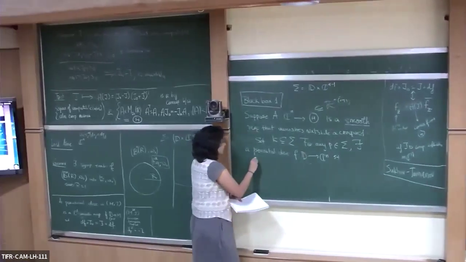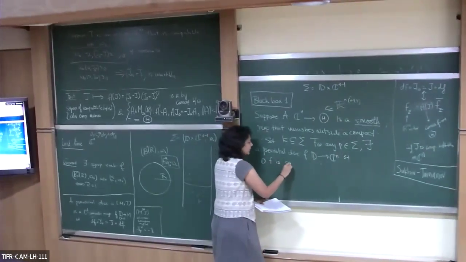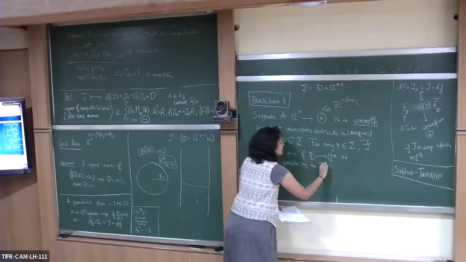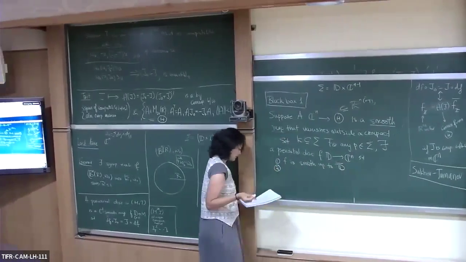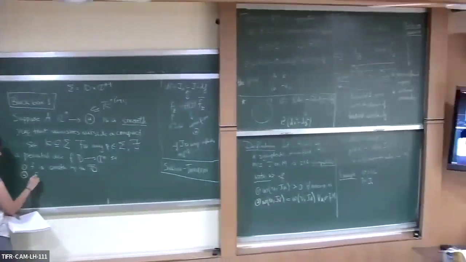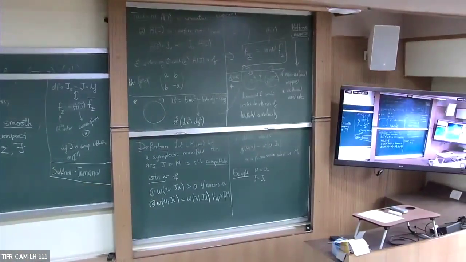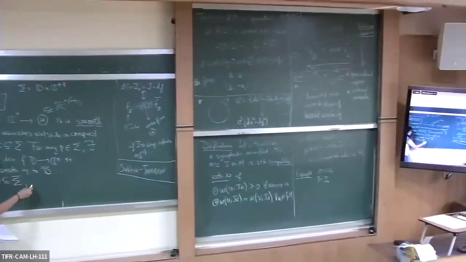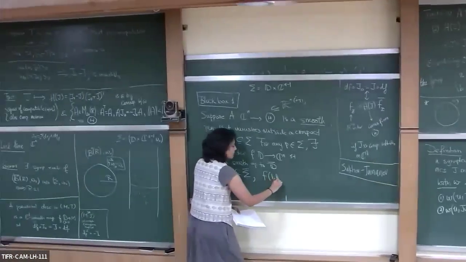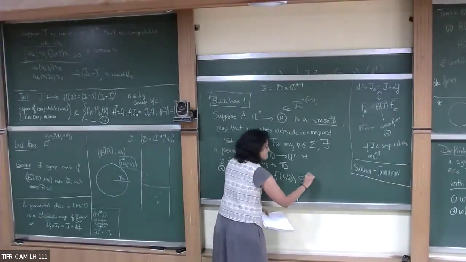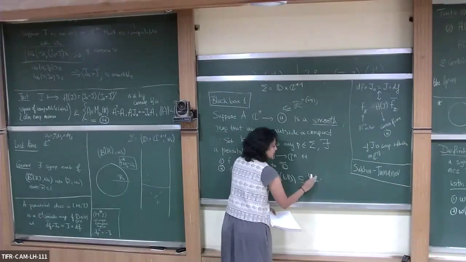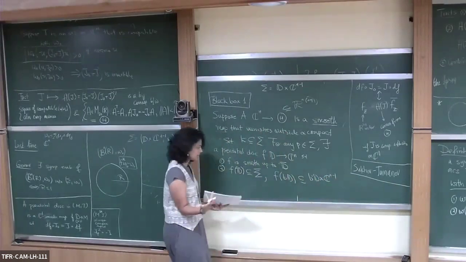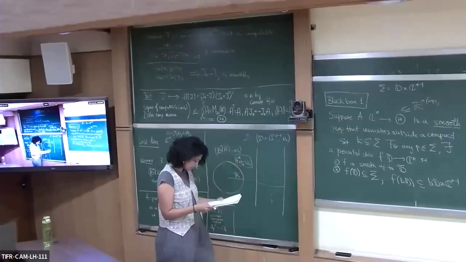One, F is smooth up to the boundary. Two, the image of the disk: the closure sits inside the closure of the cylinder, and the boundary maps to the boundary. The boundary of the cylinder is actually just the boundary of the unit disk times Cn. So this disk is attached to the boundary of the cylinder.